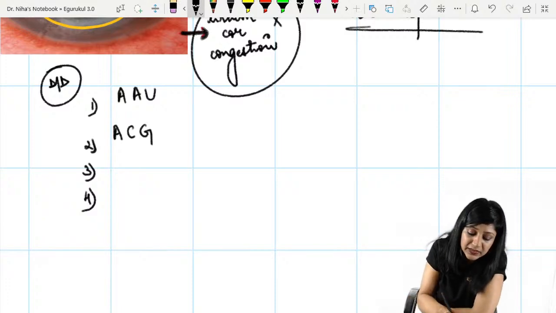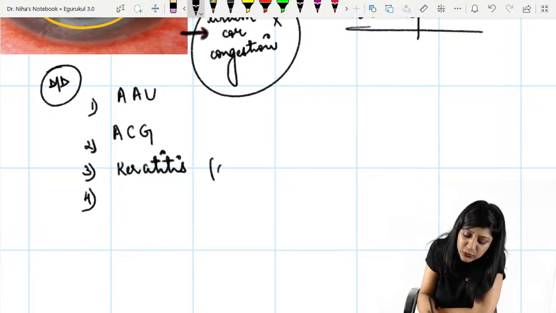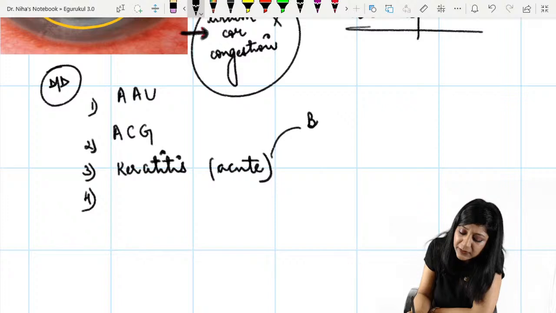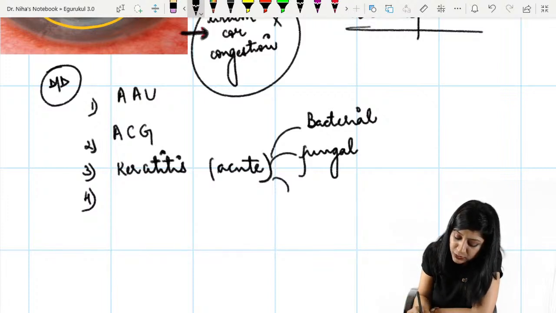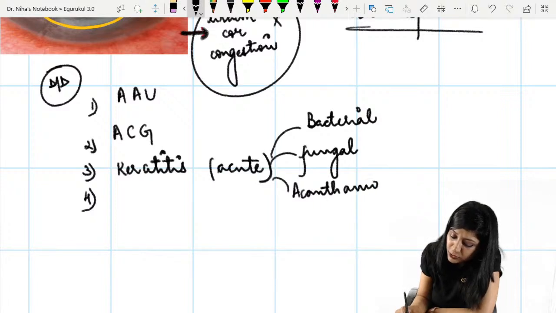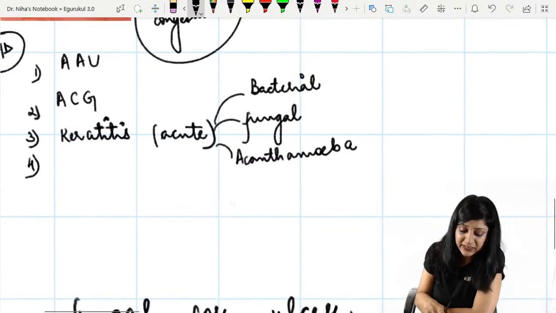And then you can have the keratitis. Whenever we are having the acute keratitis, this can be bacterial keratitis. Then it can be fungal keratitis where signs are more than the symptoms. Then it can also be acanthamoeba keratitis, any of them.